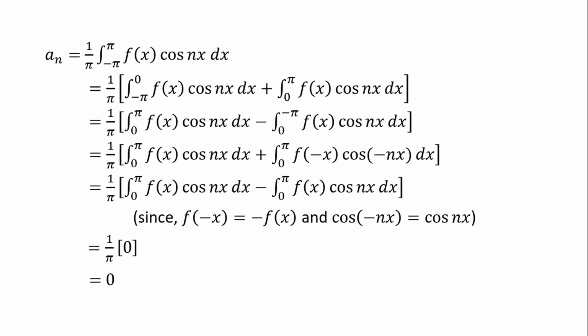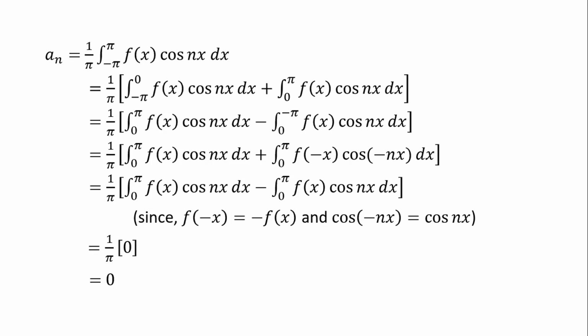So in the square bracket we have two identical terms with opposite signs, that is 0 to pi f(x) cos nx dx minus 0 to pi f(x) cos nx dx. They cancel out and the value of the square bracket becomes 0, and in this way an also becomes equal to 0.